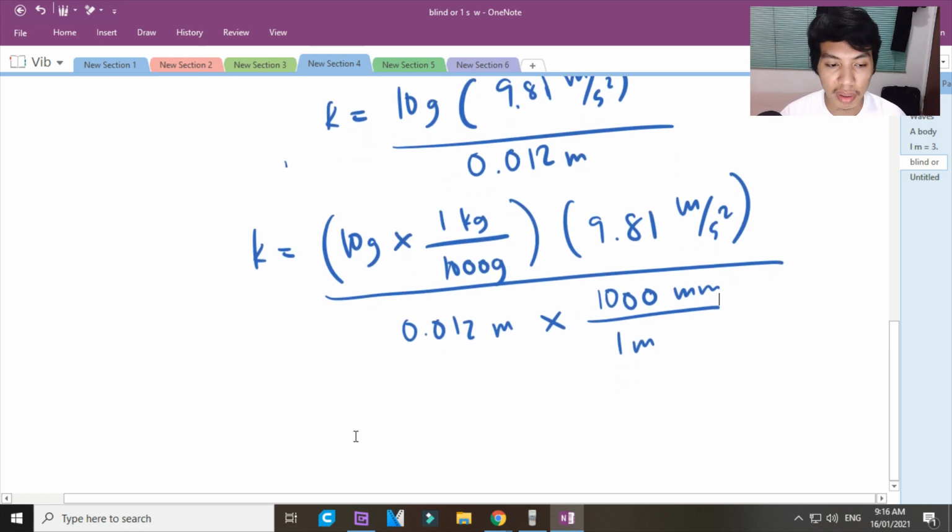Pero sama ko na lang para makita nyo sa calculation.